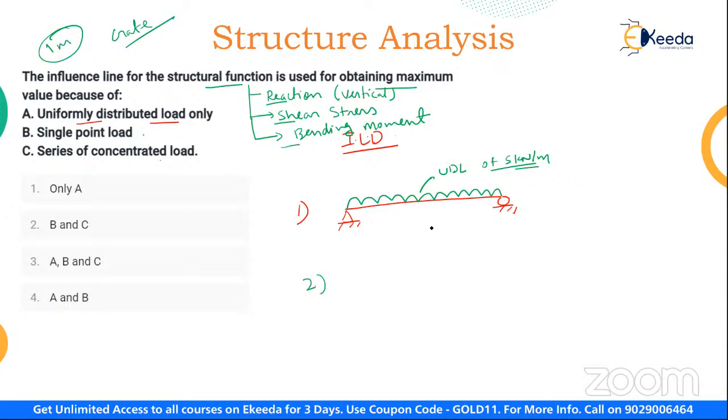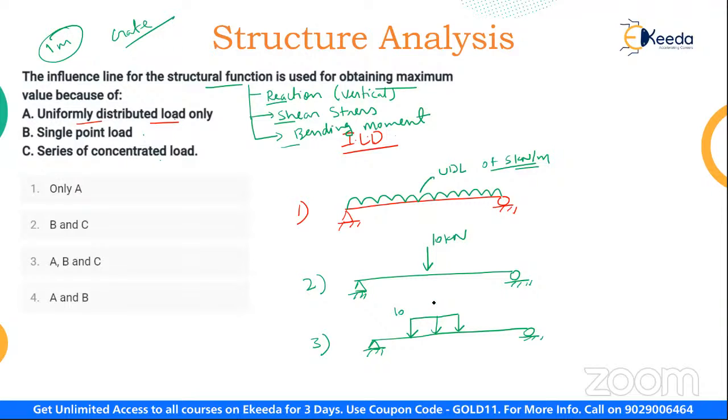So see, this is for UDL. Now next is, let us say, if I take a simply supported beam and if I take a single point load like this, right guys? And let us say the third option is, this is one simply supported beam and we have a series of concentrated load. Let us say this is 10 kilonewton, this is 15, and this is 20.